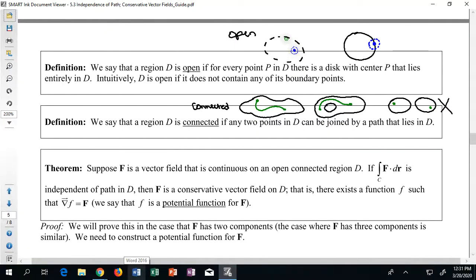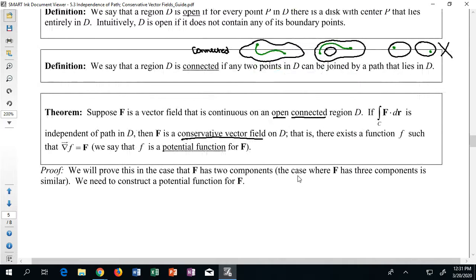Suppose F is a vector field that is continuous on an open, connected region D. Then if this work integral is independent of path, F must be a conservative vector field. So if you have independence of path, then you have a conservative vector field as long as you're working with an open and connected region.